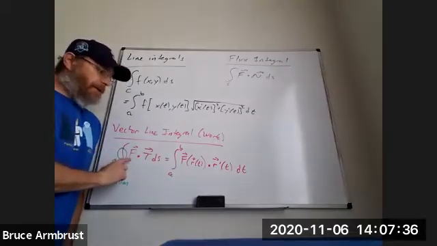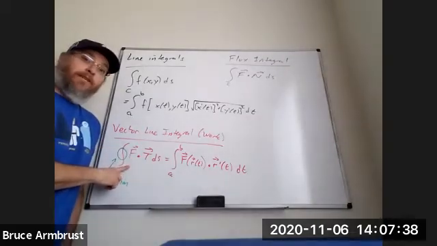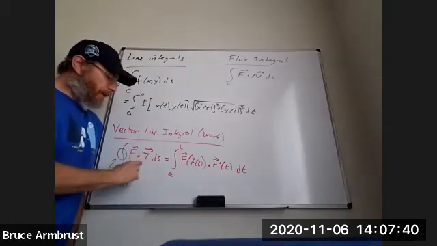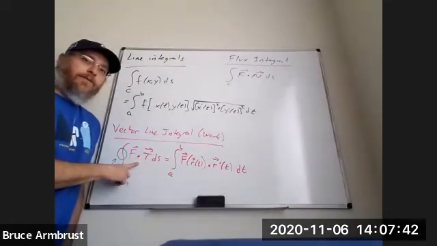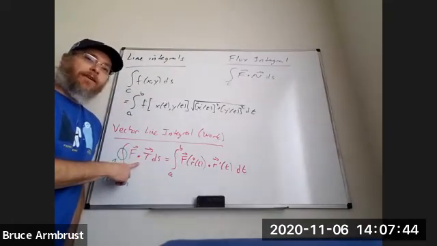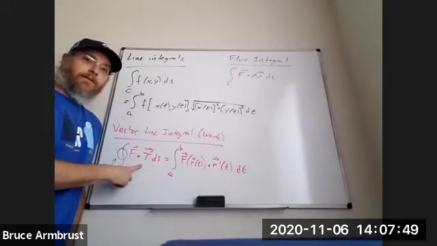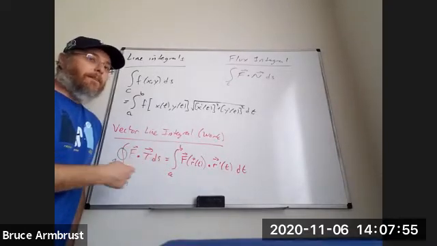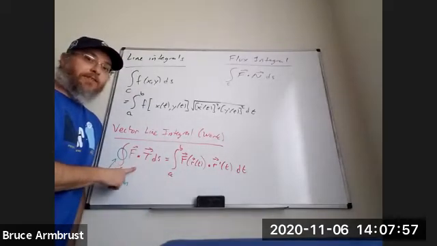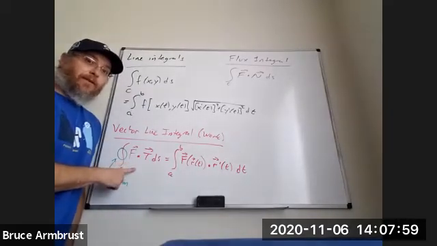Because think about what an integral is doing, right? It's adding up a whole bunch of chunks. This one, the work integral, is finding the component of the field vector that points in the direction of travel. I don't know, you remember the term projection of a vector? This is the projection of a vector onto the tangent piece.